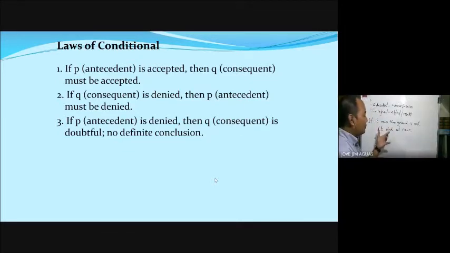If that reason, the rain, did not happen, you're not sure whether the ground is wet or not. Because even if it did not rain, the ground could still be wet.